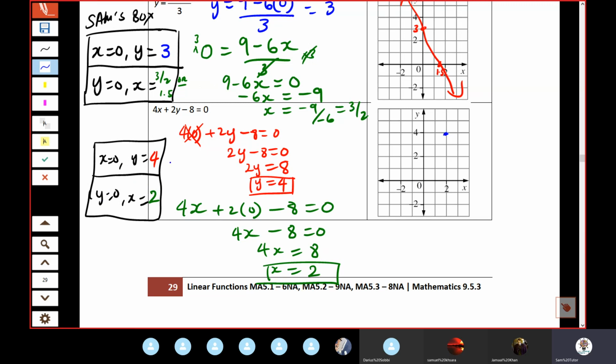These are 2 different points. And they're intercepts, so you gotta remember, intercepts means cutting the x-axis or the y-axis. So that's intercepting the y. That's intercepting the x. So here, your y-intercept is at 4, where x is 0, and your x-intercept is at 2. There. And then you just draw a straight line.